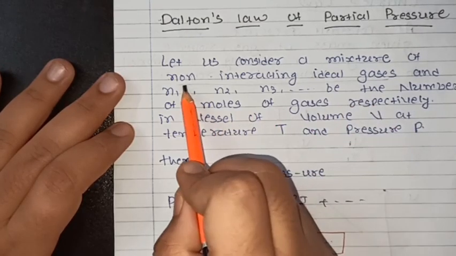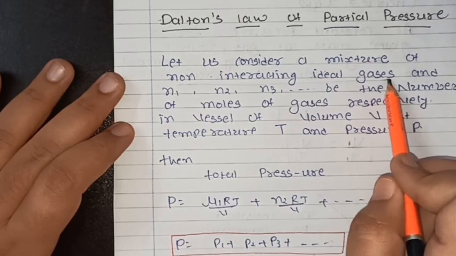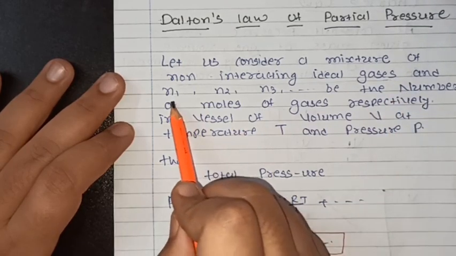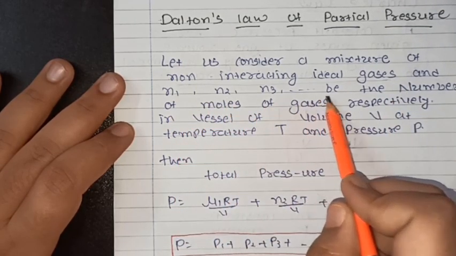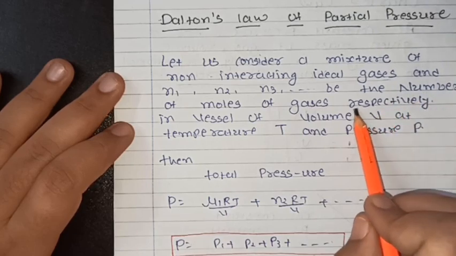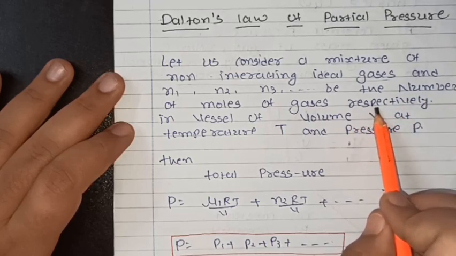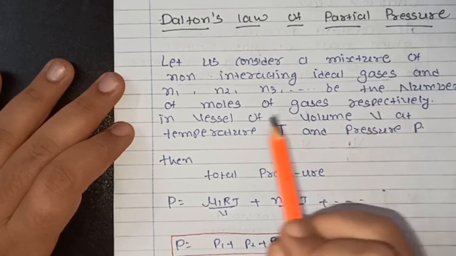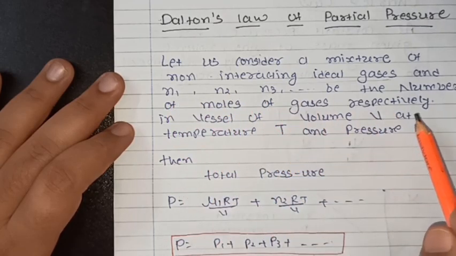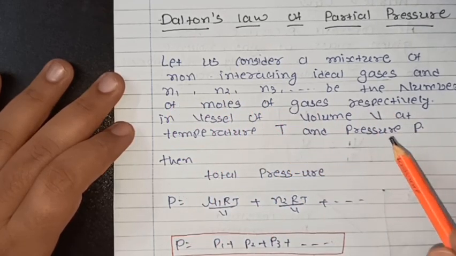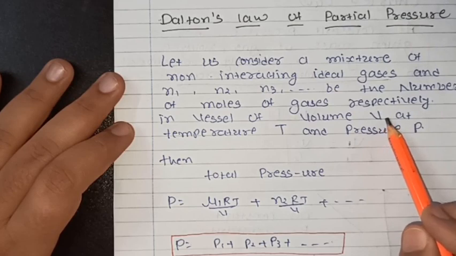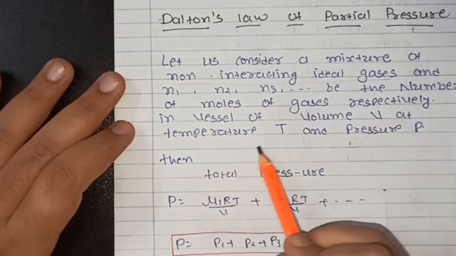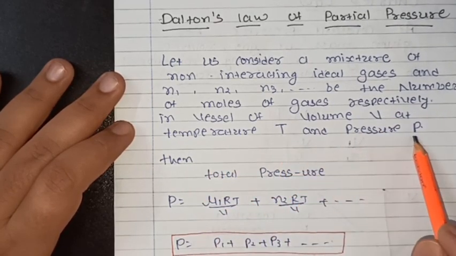So we have to consider non-interacting ideal gases, and let us say n1, n2, n3 and so on be the number of moles of gases respectively. Let's say there are N gases and their moles are n1, n2, n3 and so on. The vessel has volume V, temperature is T and pressure inside the vessel is P.